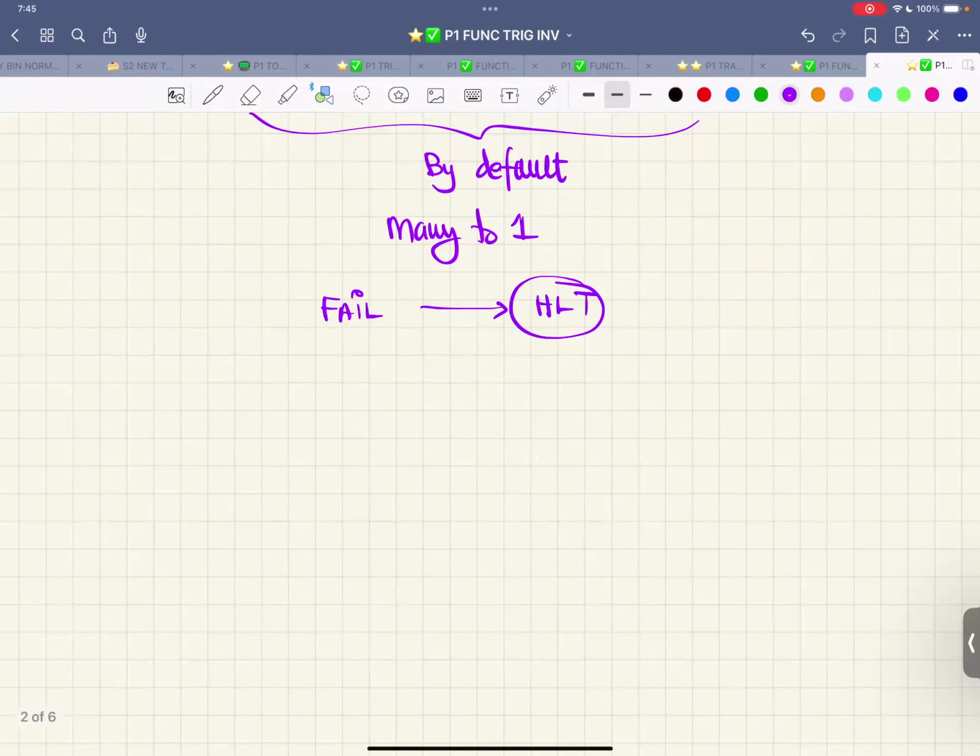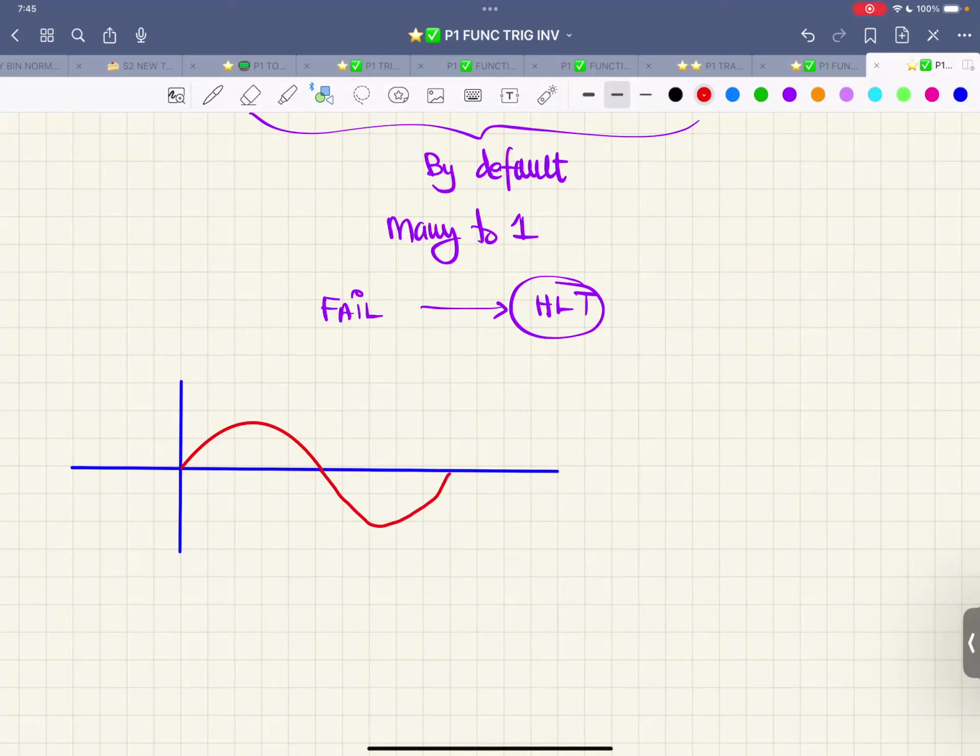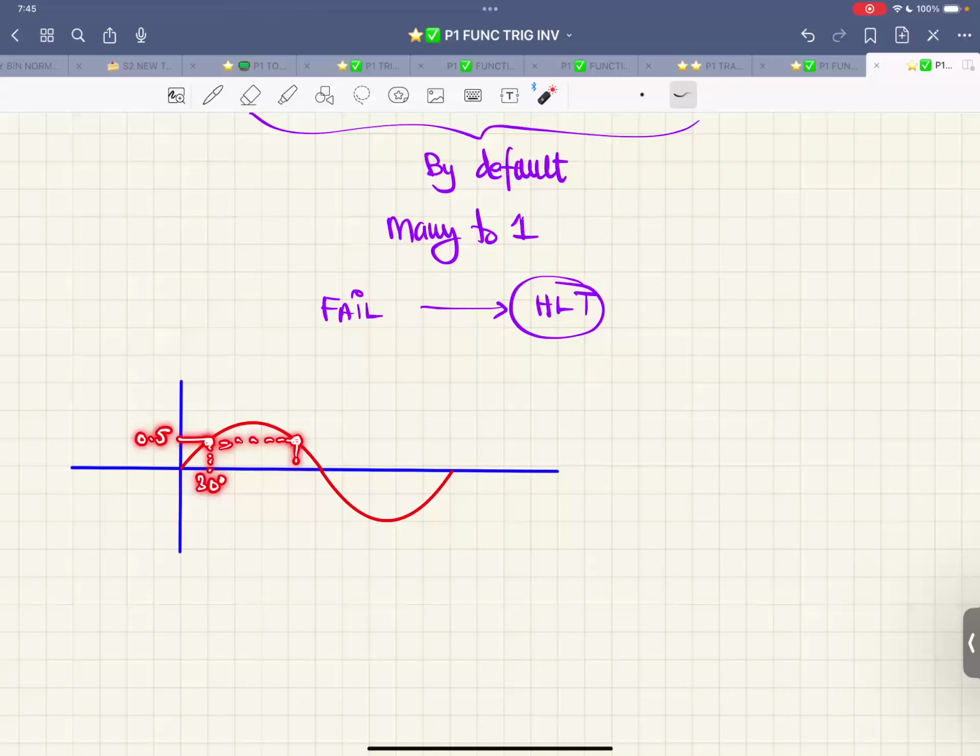For example, let me draw a grid and draw the graph of y = sin x. We know that a value of 30 degrees will give me 0.5, and a value of 150 degrees will also give me 0.5.